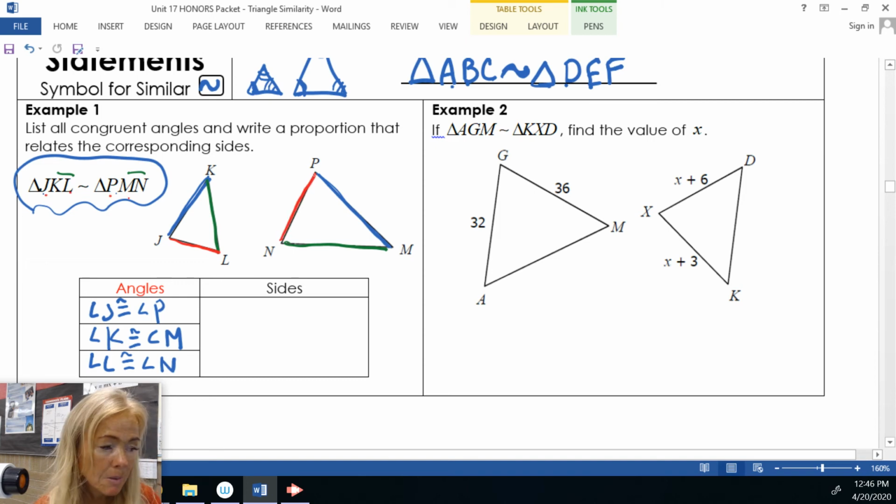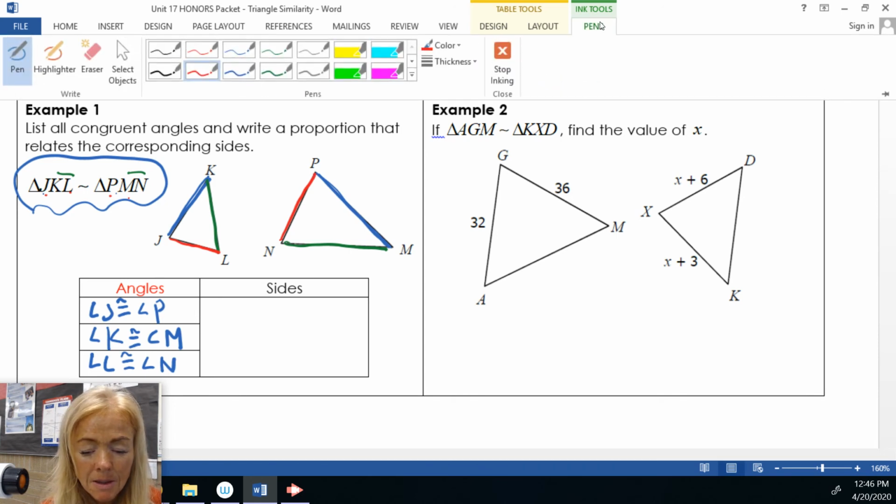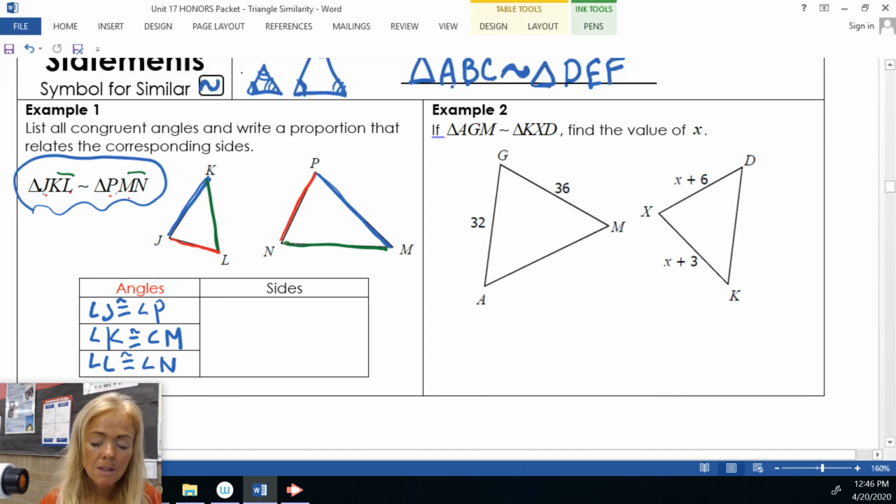Once you color code those, of course, we can't say they're congruent because they're not. They're similar but not congruent, but they are the corresponding sides. And we have to just list them one at a time here. JK over PM as a ratio is equal to KL over MN.